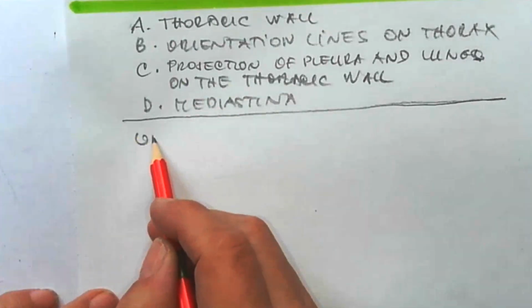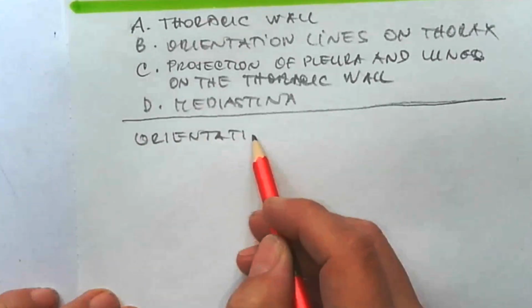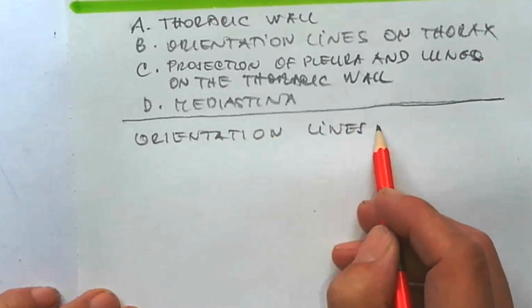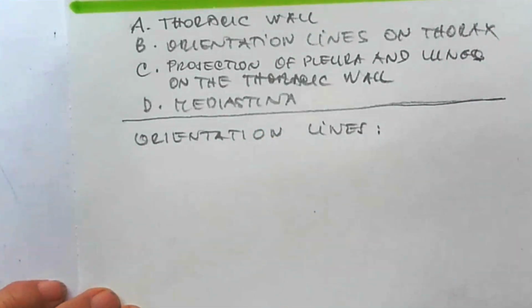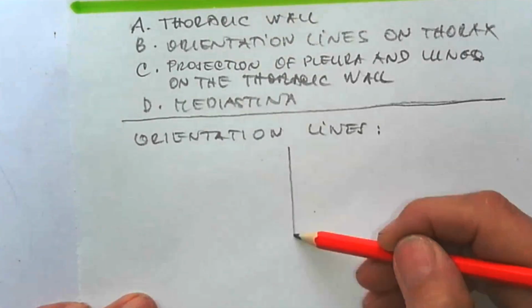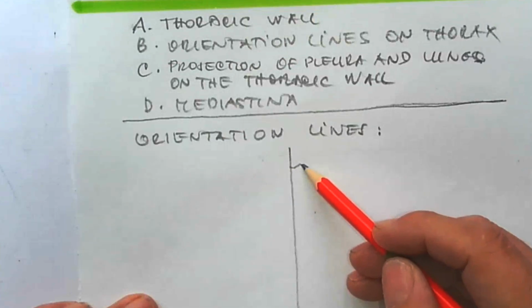Starting immediately with the orientation lines. We know some of them. For instance, the most common and frequently used was the medioclavicular. So I mean that we can just draw a very simple diagram starting with the jugular notch.